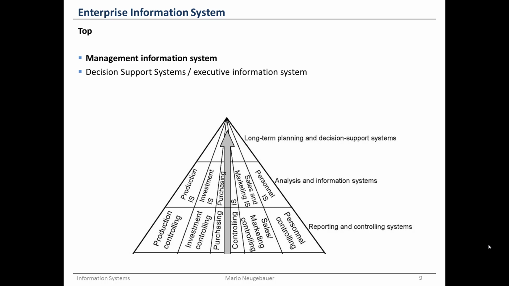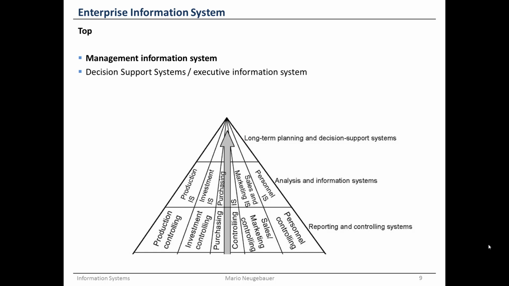And therefore this part actually consists of different layers. Layers which are first important for aggregating information. Aggregating means creating reports and doing controlling activities. Then analysis systems, for analyzing the data which were created in these reports. And finally, the long-term planning systems.